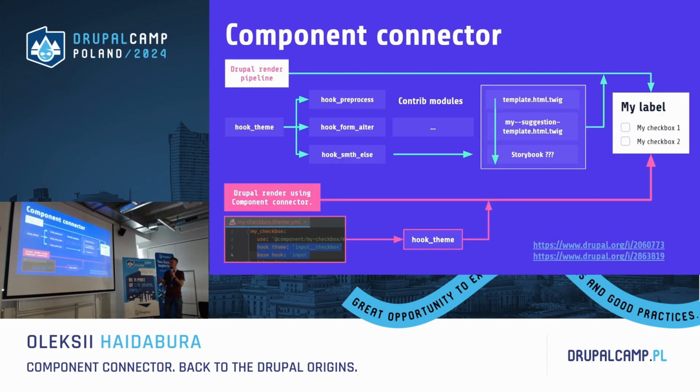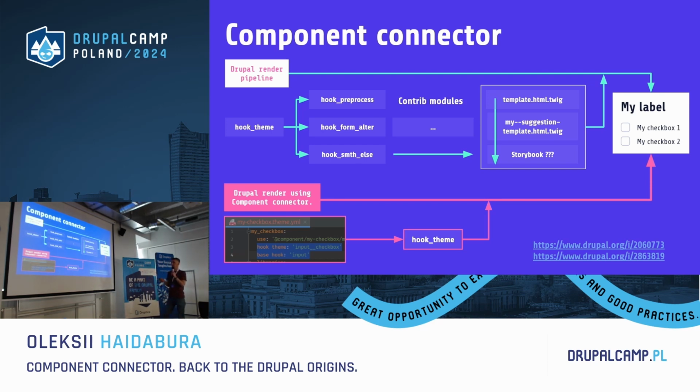That's what the Drupal render pipeline looks like when you just install Drupal and use some contrib modules. In the beginning, we have hook theme. So everything starts with a hook theme. That's a very important thing, and you need to just remember that, because everything starts with a hook theme.